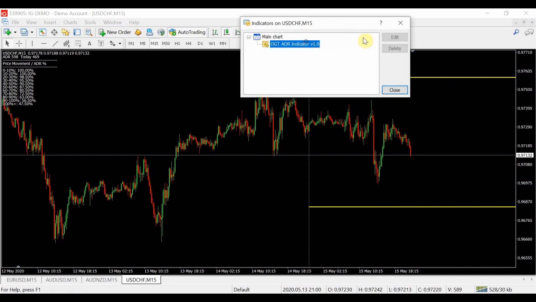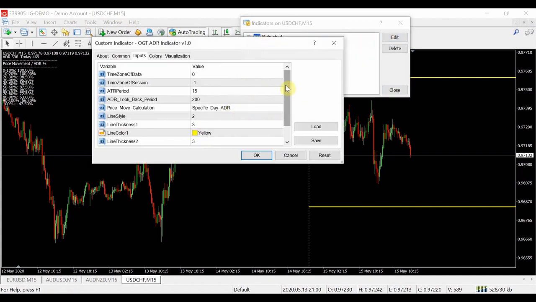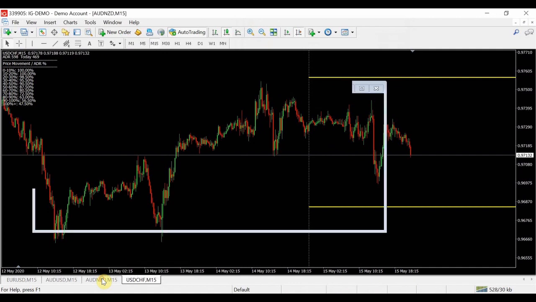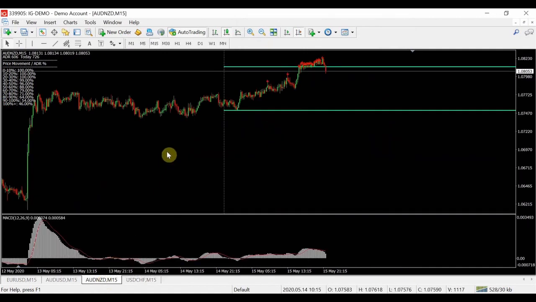And then inside the indicator, if it doesn't hit the ADR, you can set a color, a line thickness, and you can change it from dashed to not dashed, etc. And if it does hit the ADR, you can set the thickness and the color. So what I've done, as you can see on this screen, on the Aussie dollar, New Zealand dollar, is that when it hits the ADR, it turns green, and these lines then stay fixed.